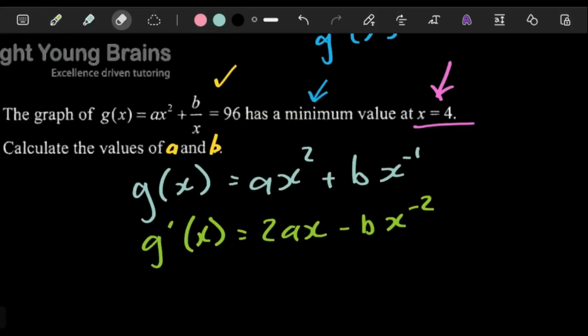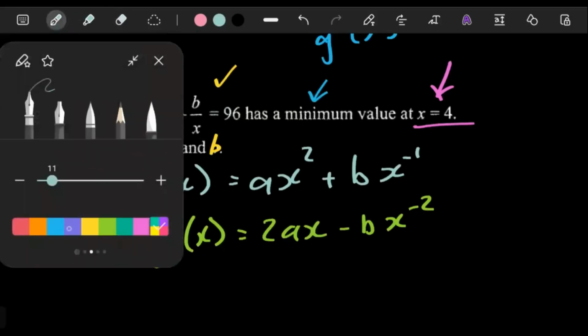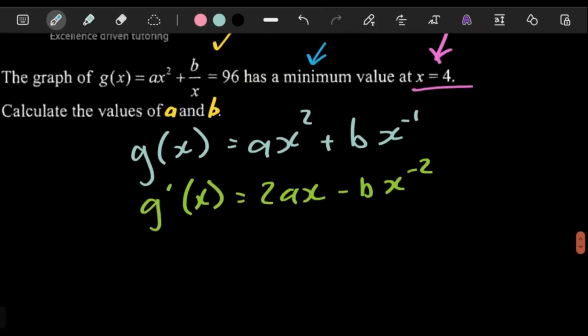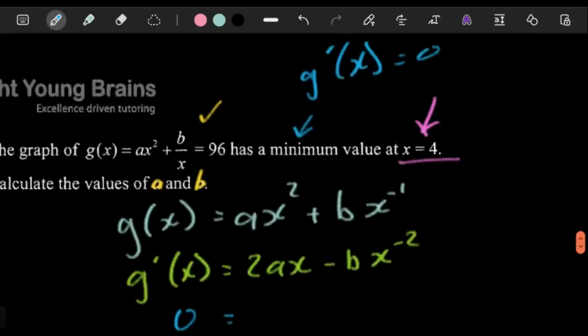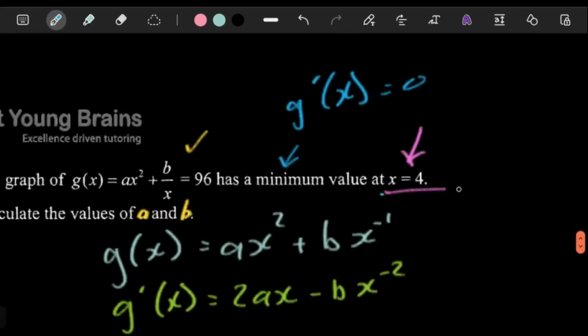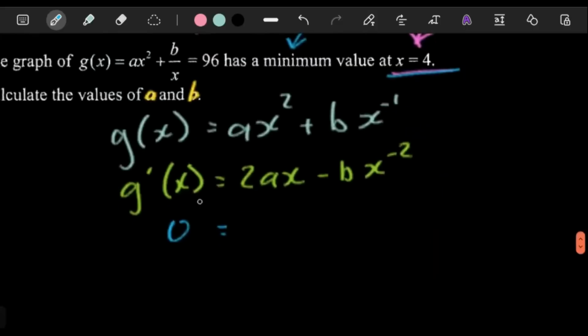Because what matters is that this is the equation of the graph. The equal to negative 96 just forms part of the description for now. But we have the equation of the graph here. We differentiated it. We know that if you make it equal to 0, the first derivative has a minimum where x is 4. So the first derivative equal to 0 is happening where x is 4.